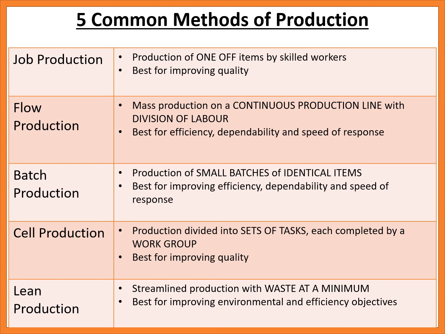That would be cell production because it's spread all around. It doesn't need to be by country, it can be within the work site. They would probably go for improving quality, as with job production, so you can see the similarity there.